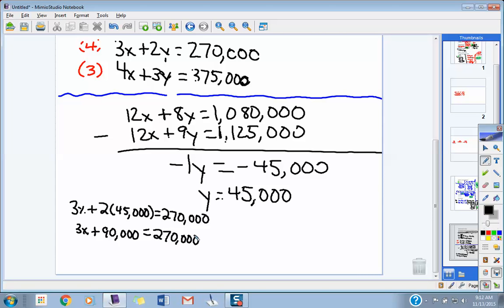What do you have to subtract? So when I do that, I've got 3x equal 180,000. It's 180,000 divided by 3, kiddos. 60,000. So when x is equal to 60,000, what's the cost of a big truck? Cost of a little truck is 45,000. Okay.